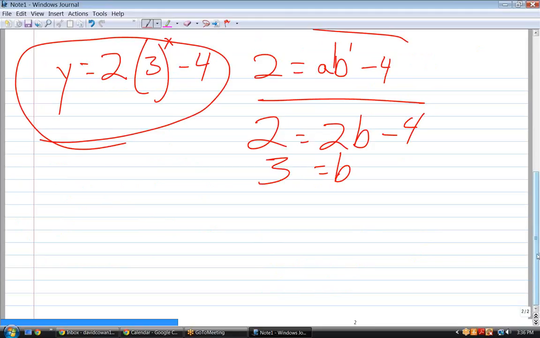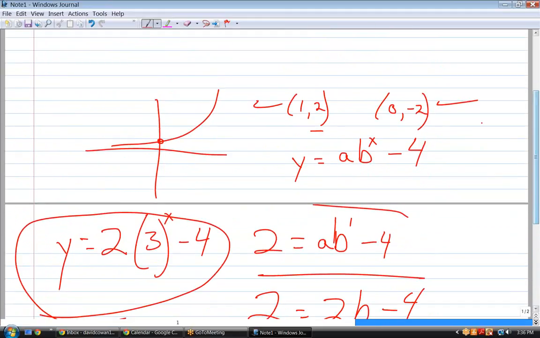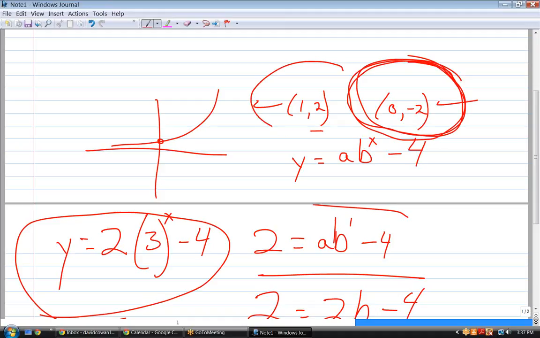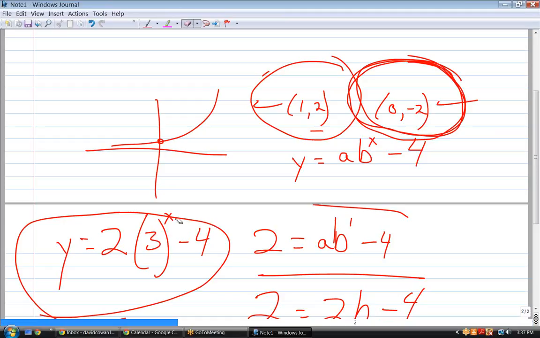The way to do all of these is to always work with that point first, because it has an x value of 0, so b to the 0 is always 1. So I can solve for one of the variables as long as I start there. If I start with the other point, I can't solve for a variable, because b to the 1 is b, whereas b to the 0 is always 1.